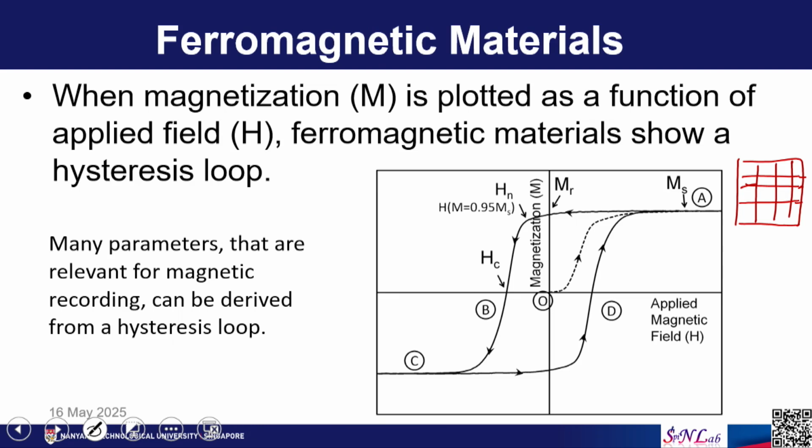When you apply a very high magnetic field, let me use this symbol and this symbol to represent magnetization into the TV or out of the TV. So, when you apply magnetic field in this direction at high field, all are pointing into the board.